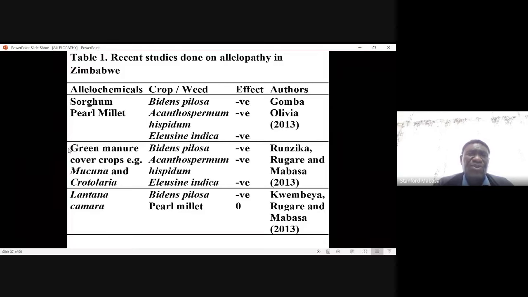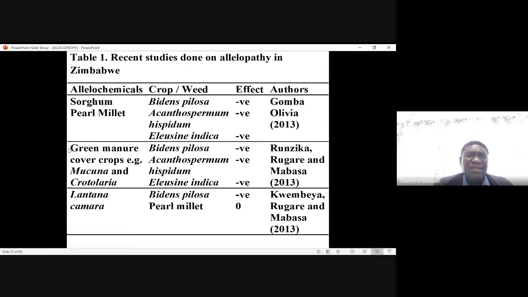I'm going to go through some studies which have been done to demonstrate allelopathy. I shall start with some studies which were done in Zimbabwe to demonstrate allelopathy.